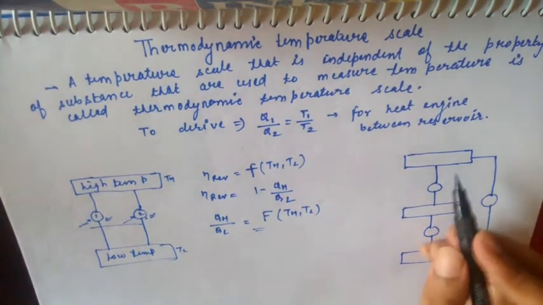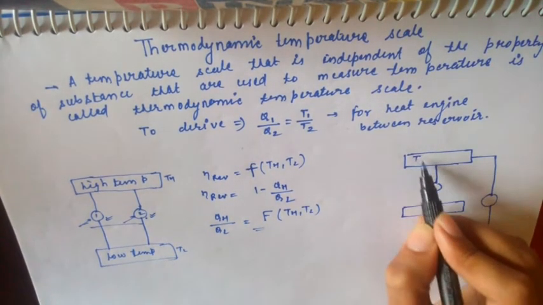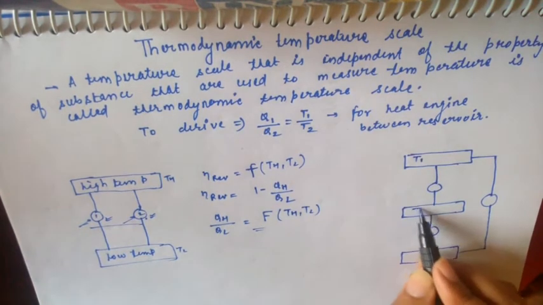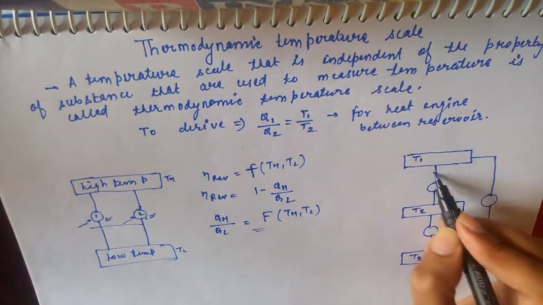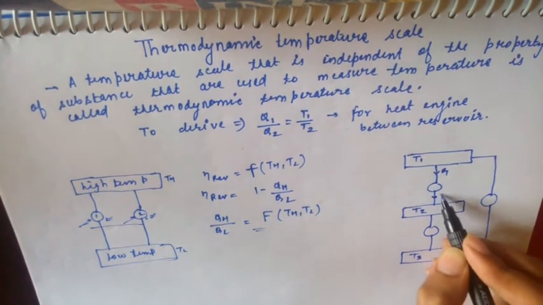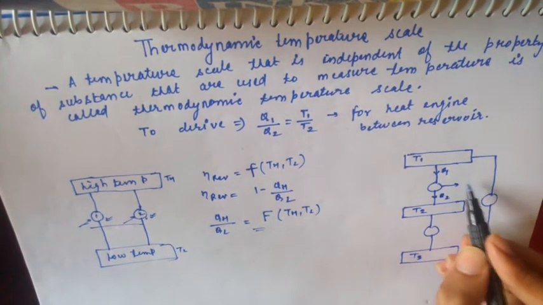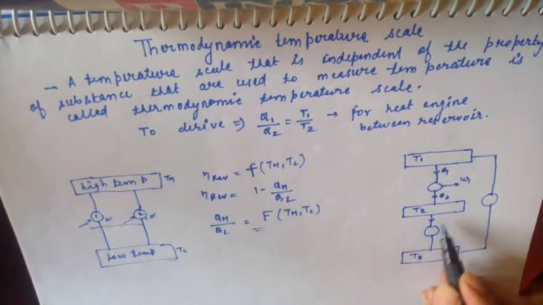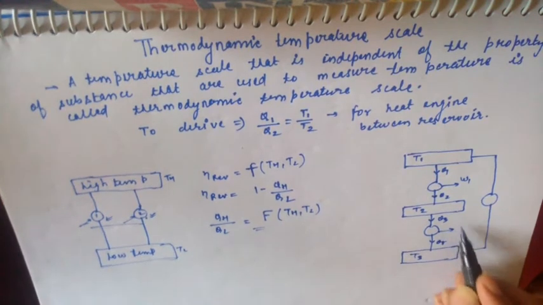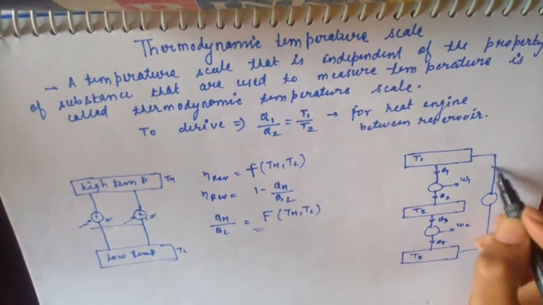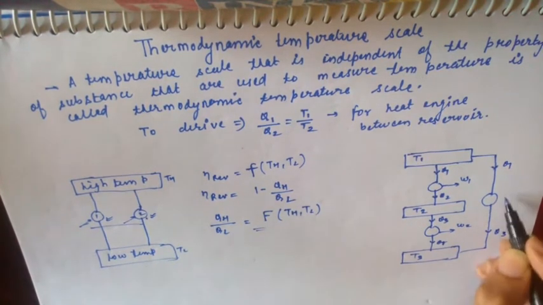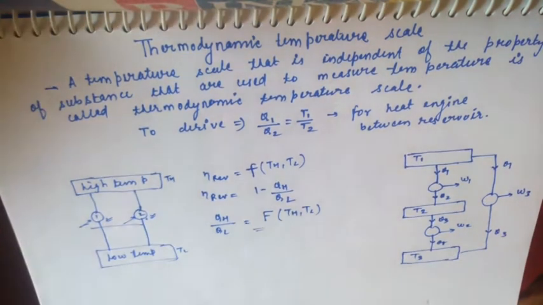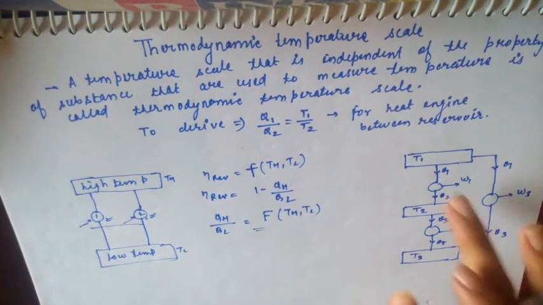This reservoir temperature is T1, this one is T2, and this one is T3. It is accepting Q1 and rejecting Q2. Work is W1, and then Q3, Q4 and W2, and then Q1 and Q3 and W3.